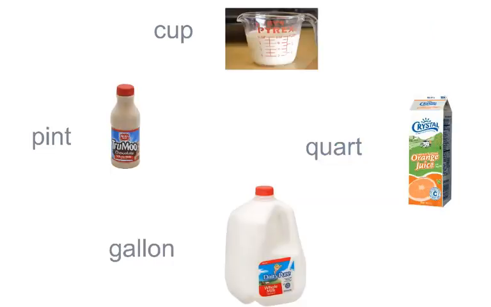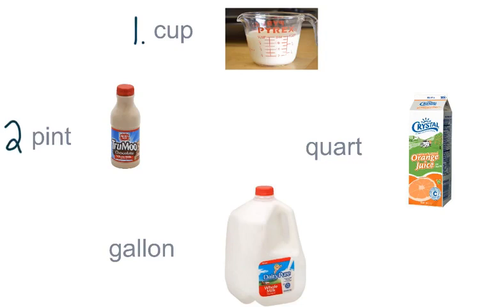So here are some more images to help you understand, and I've put them in order from smallest to largest. So first is going to be cup. When you're making recipes, you might need to measure a cup or even a half a cup or 2 cups. So that's a measuring cup there that holds 1 cup.